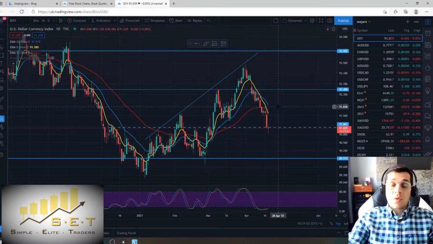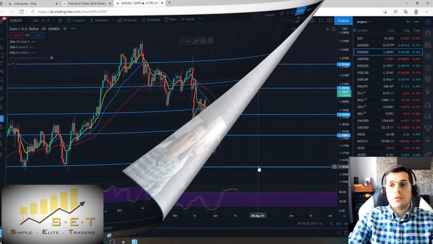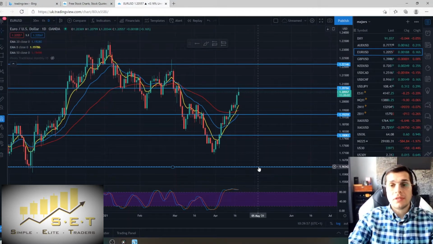We can see all the major currencies at the moment are at support and resistance levels, which I'll show you right now. So let's start with the Euro Dollar. The Euro chart is the opposite of the dollar. As you can see, we had this big push down on the downtrend, and suddenly we get this big push up as well.